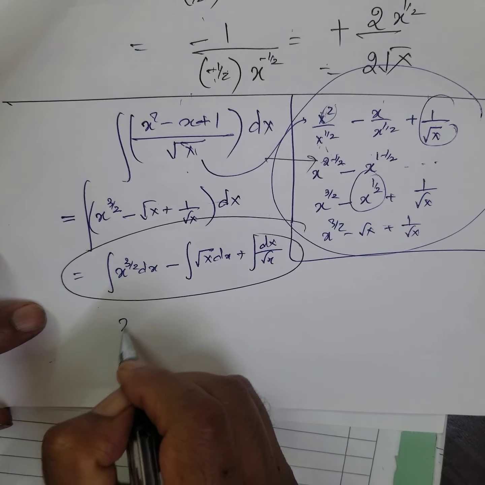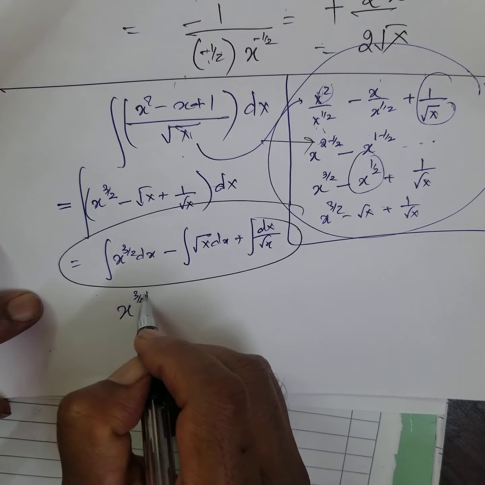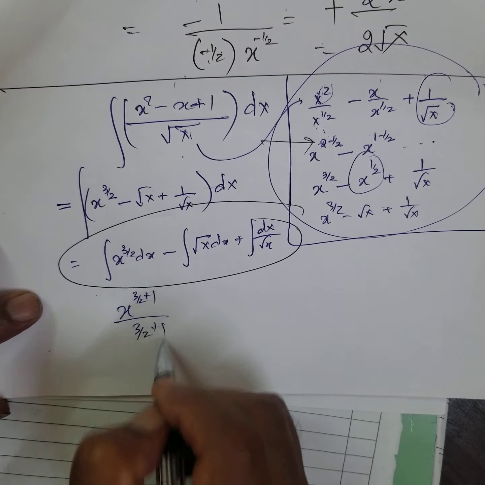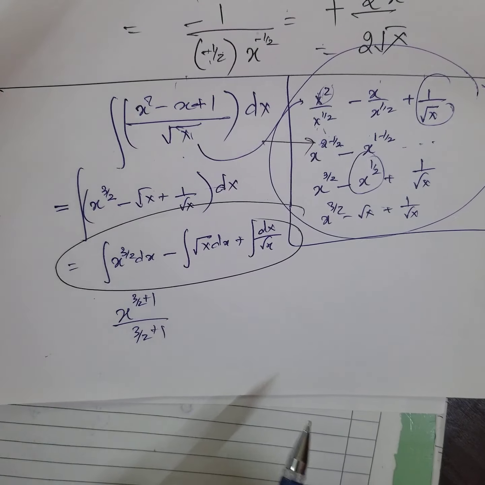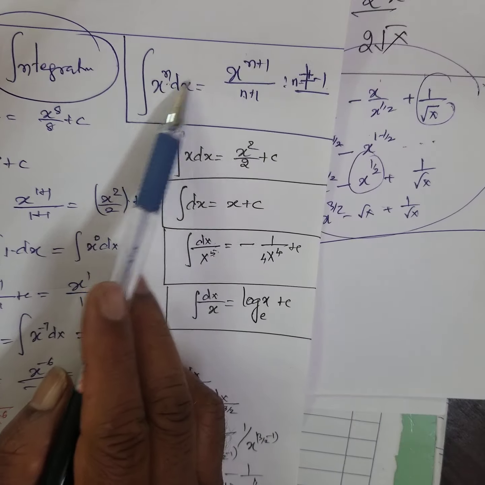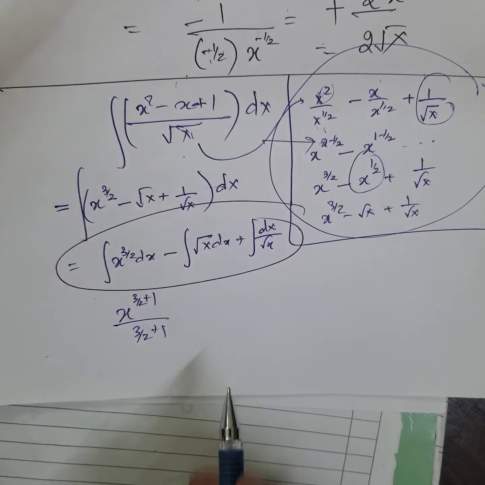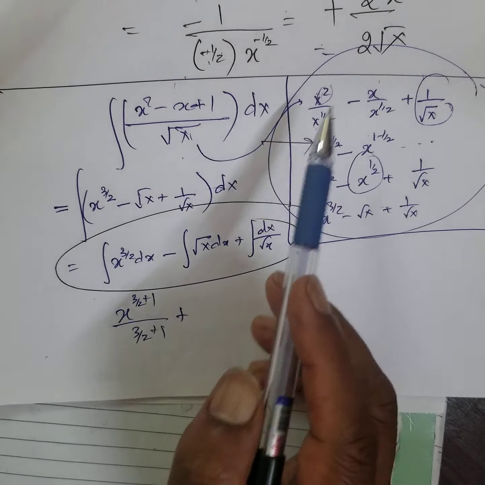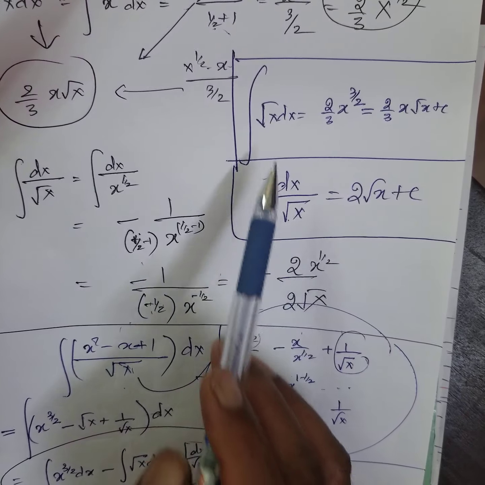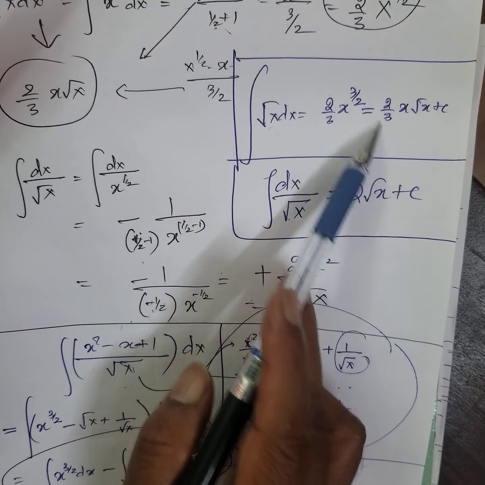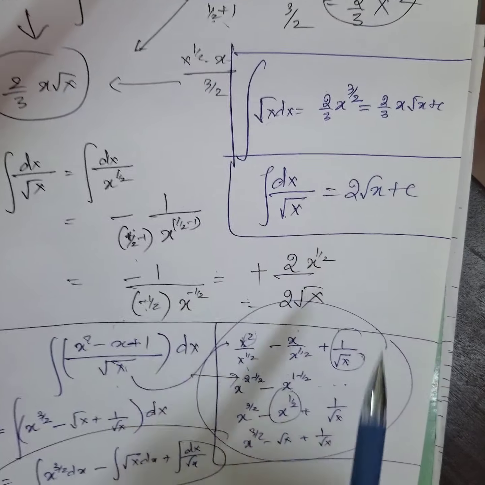Now this is x to the power of 3 by 2 plus 1, 3 by 2 plus 1. First formula I am applying. Is it not? This is what happens. See? Root x, 2 by 3 x root x.